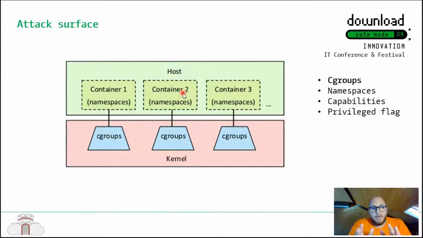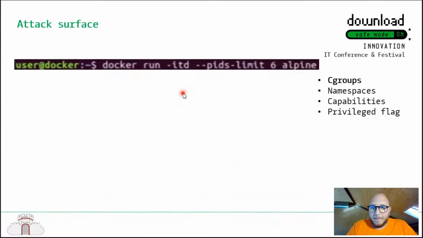This way, we can keep attackers away from crypto mining, crypto hijacking or software encryption. Anything like that is not allowed because the Linux kernel is not allowing that to happen. Let's see an example of that.